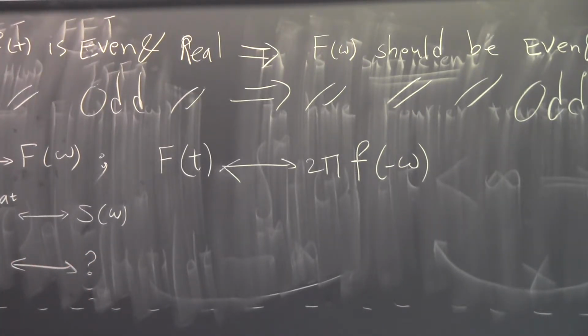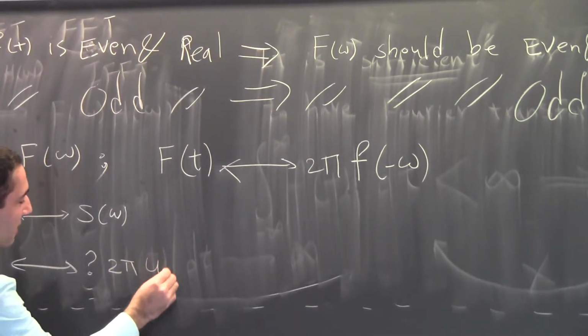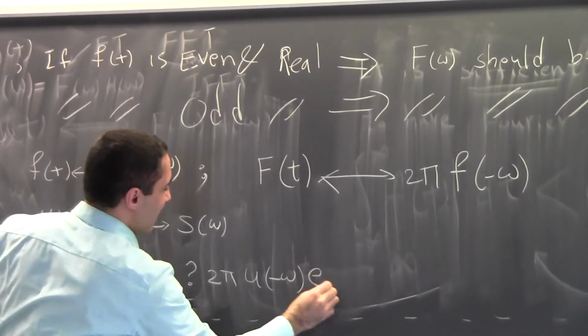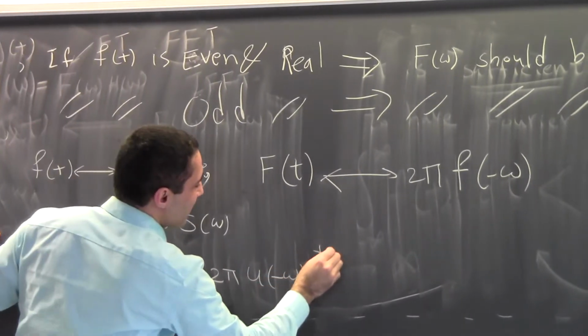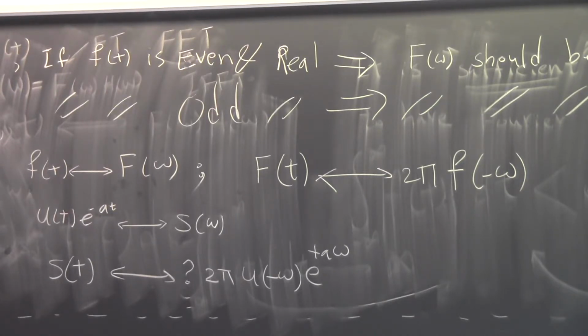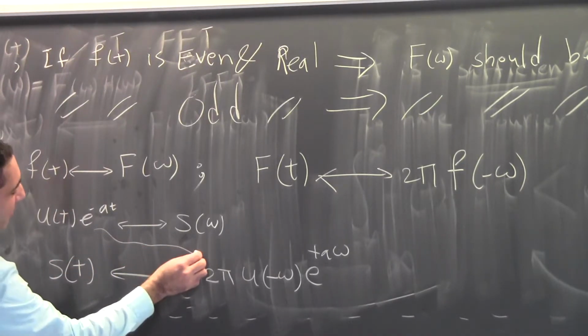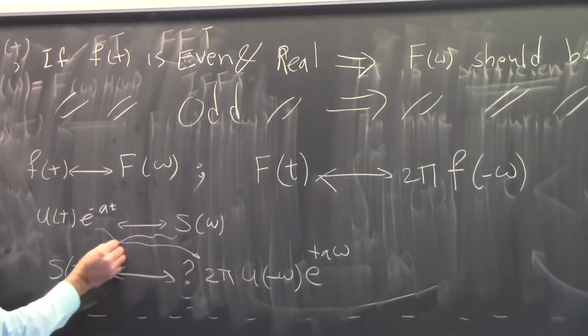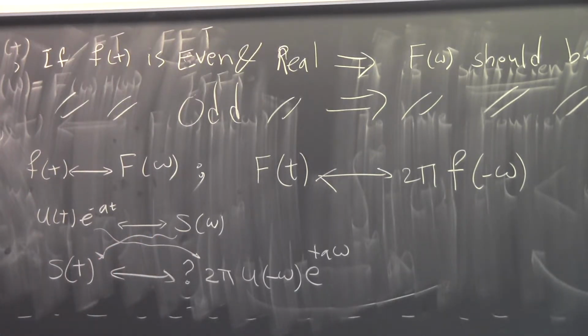Can you answer this? 2 pi u(omega), right? U(-omega) plus a. I just took that 2 pi. So what I did, I put this here. It's a nice property, very useful, but somehow confusing.